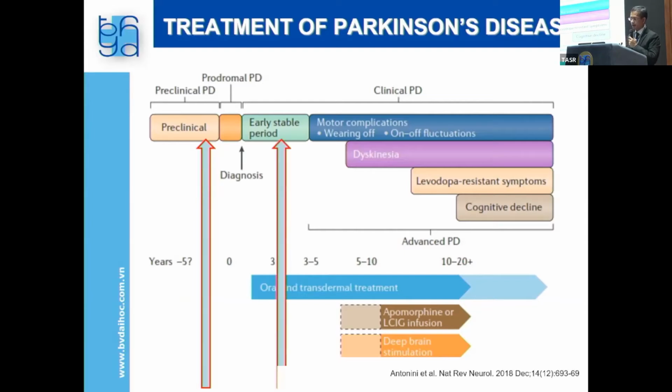But at the early stage, we can use medication to treat the motor and non-motor symptoms. But when the patient has a motor complication, we begin to consider invasive therapy, such as apomorphine infusion, LCIG, levodopa-carbidopa intestinal gel infusion, or deep brain stimulation.